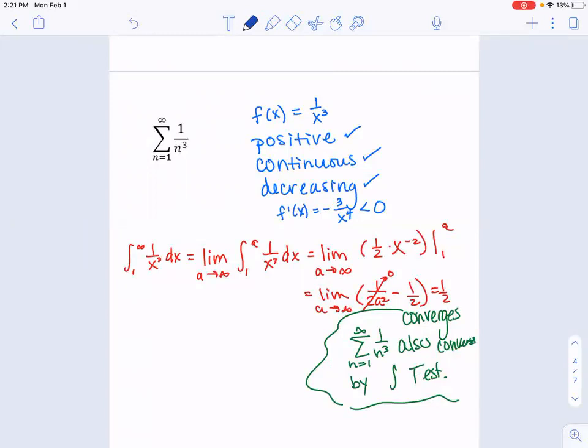Just be on the lookout for that. Biggest thing is if you don't have to use the integral test, we don't really want to. Your book may instruct you to do it just so you get the practice, but when we get to make decisions, it's going to be at the bottom of our list.